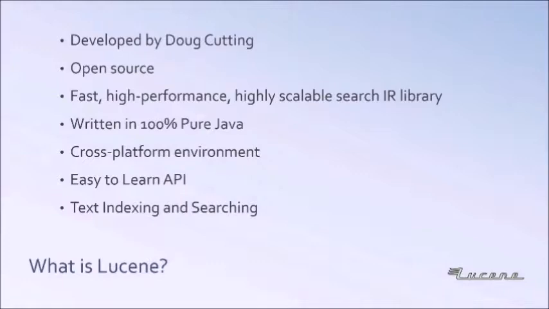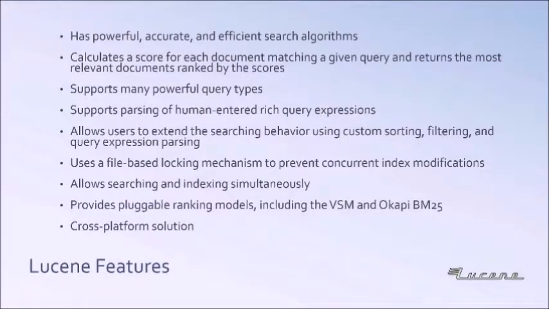It can be used to build search capabilities for applications such as emailing clients, mailing lists, web searches, database searches, and more. For the sake of time, I will not read through this entire list of Lucene features, but I will hone in on some of the more significant ones. Lucene calculates a score for each document matching a given query and returns the most relevant documents ranked by scores.